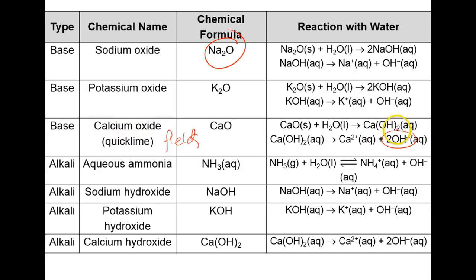The OH- produced will neutralize the H+ and adjust the pH back to normal. NH3, aqueous ammonia, and sodium hydroxide, NaOH, are common alkalis we see in the lab. And this last one, Ca(OH)2, is also known as lime water.